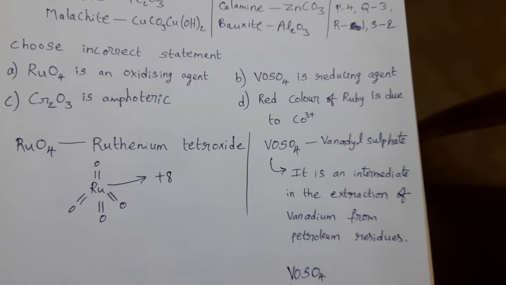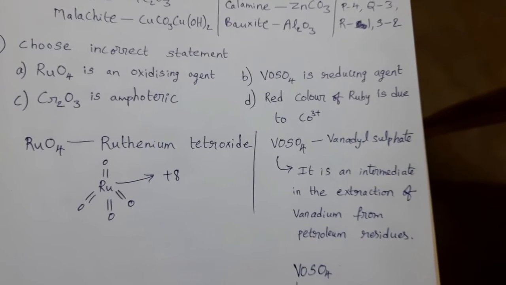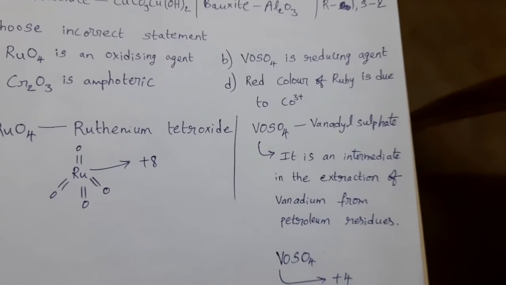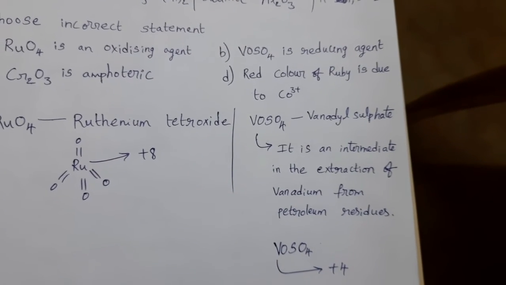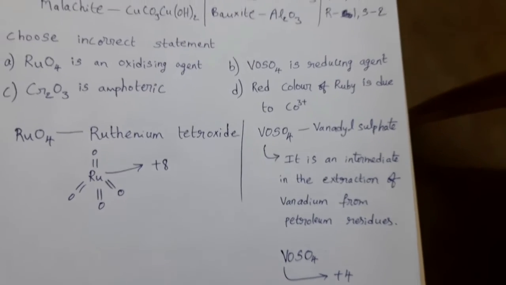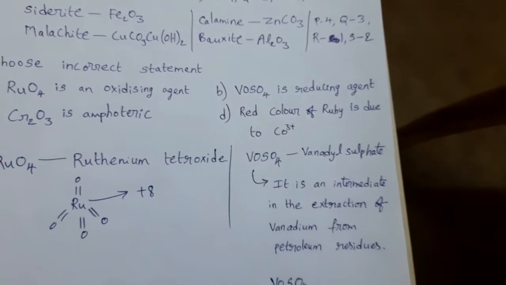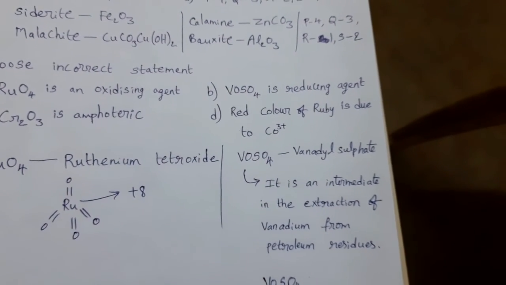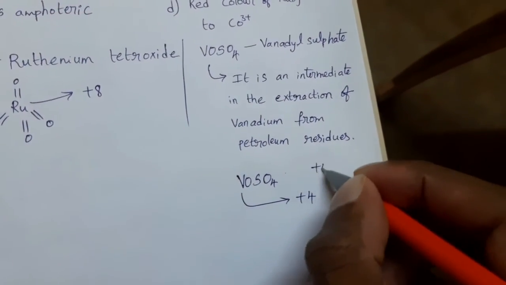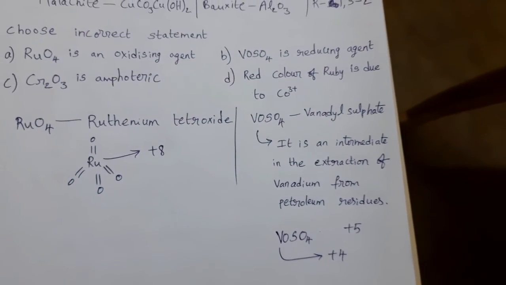Group 1 elements are good reducing agents because they can donate electrons very easily. Here also vanadium can act as a reducing agent in this compound. That means vanadium can donate electrons to another substance and convert to a higher oxidation state like +5. So option B is also correct.